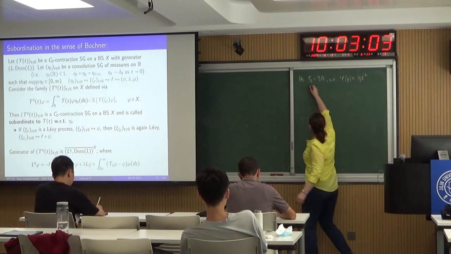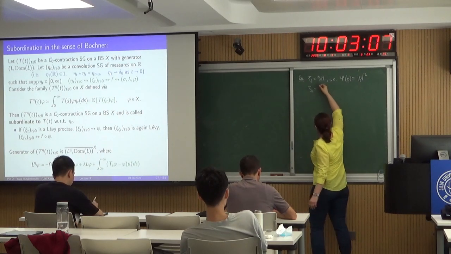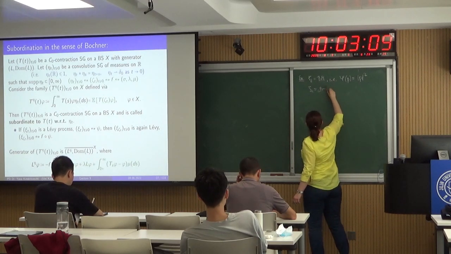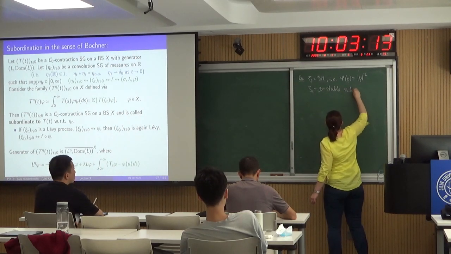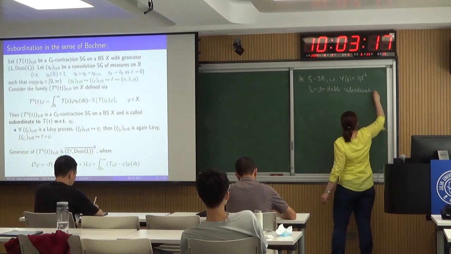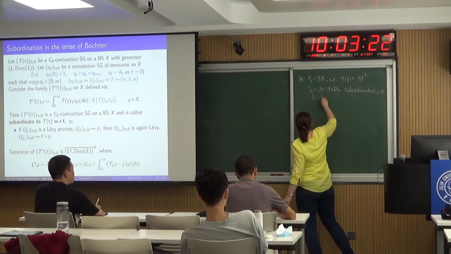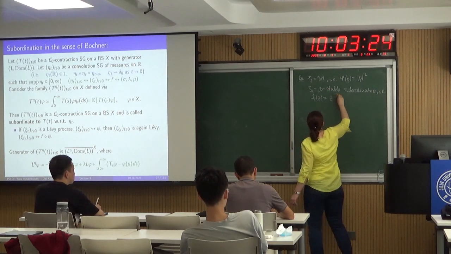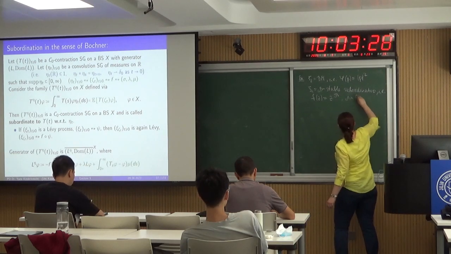Then as a subordinator, I consider the beta stable subordinator. The corresponding Bernstein function is just z to the power beta, where beta is between 0 and 1.